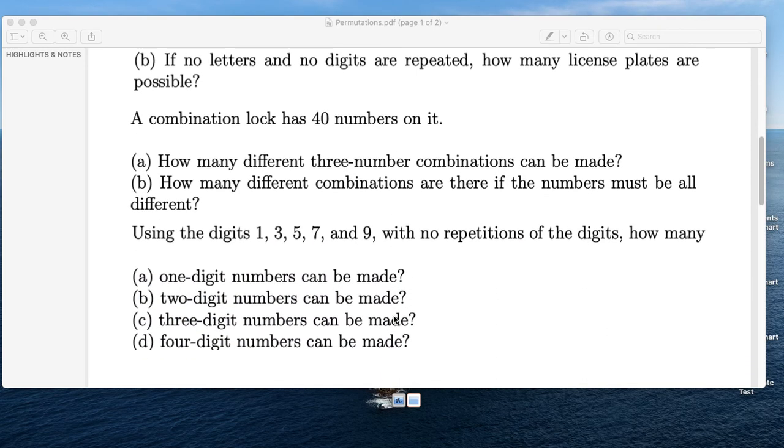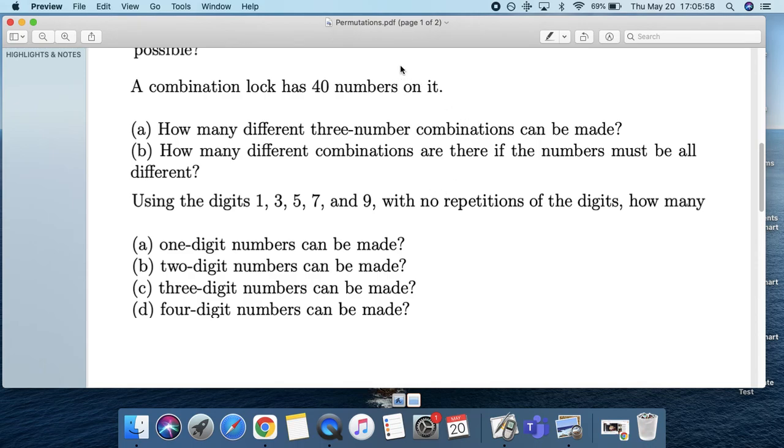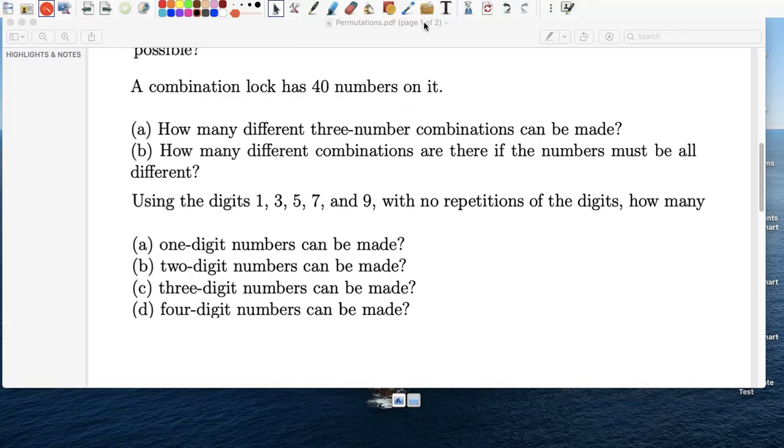How many different 3-number combinations can be made? Okay, so we're taking 40 numbers, arranging 3 different ways. So it'd be 40 times 39 times 38, right? And you get whatever you get. Wait a second.